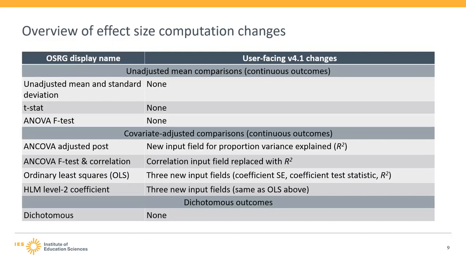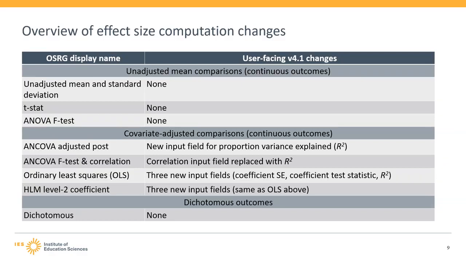This table lists the major user-facing version 4.1 changes for each computation option. As shown here, the user interface for the first category of options, for unadjusted mean comparisons, has not changed from version 4.0 to 4.1.